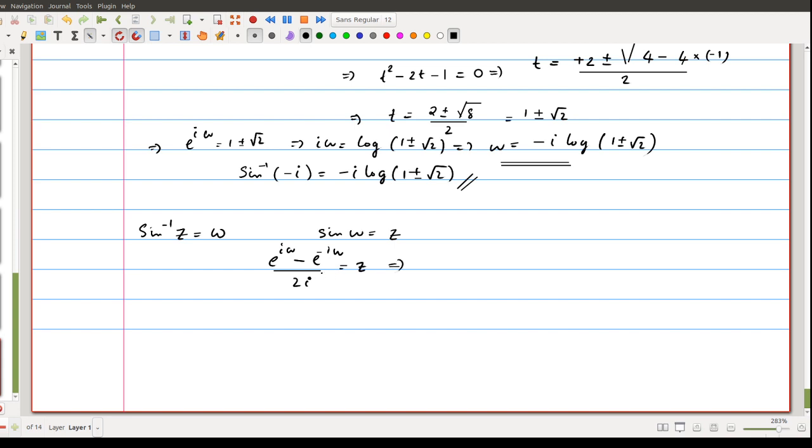Putting e raised to i omega equal to t, this will be t minus 1 by t divided by 2i equal to z, where e power i omega is equal to t. Using the same technique we used in this problem, we can easily get the value of t.